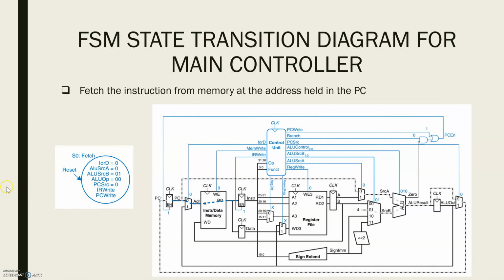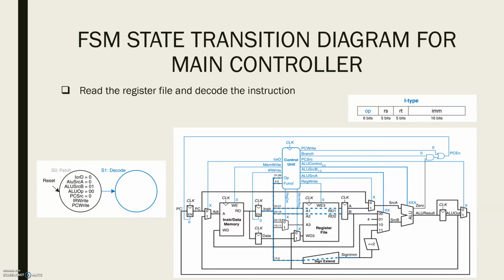To update the program counter with this new value, PCSRC will be 0, as in here, and PC write is asserted. The data flow given here consists of the instruction fetch, which is shown using a dashed blue line, and the program counter increment, which is given using a dashed gray line.